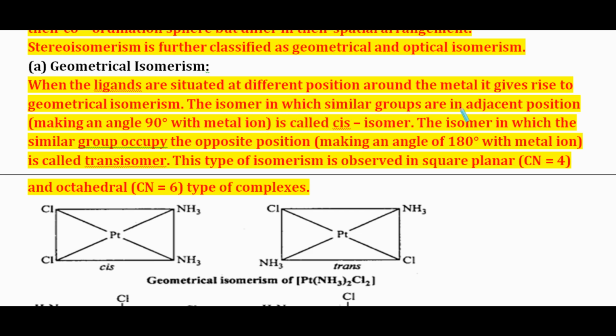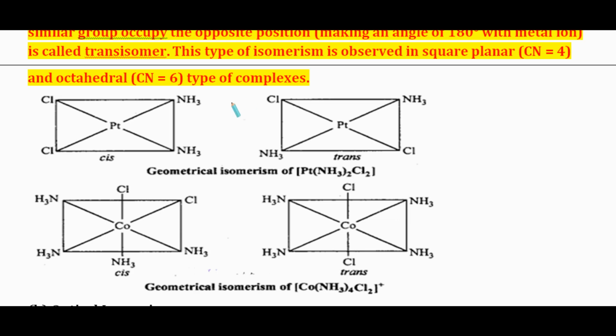The isomer in which similar groups are in adjacent positions, making an angle of 90 degrees with the metal ion, is called the cis isomer. The isomer in which the similar groups occupy opposite positions, making an angle of 180 degrees with the metal ion, is called the trans isomer. This type of isomerism is observed in square planar, coordination number 4, and octahedral, coordination number 6.